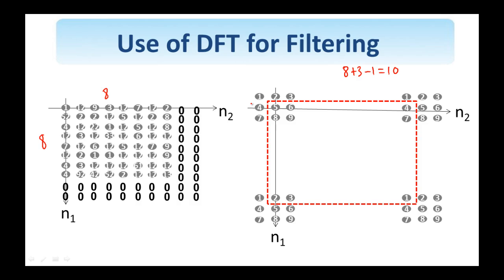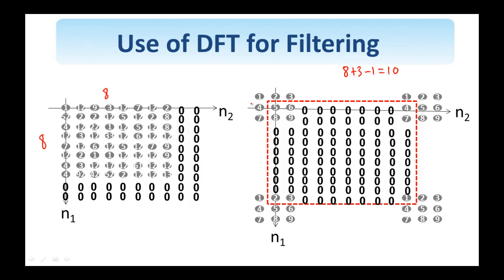So what's in this red dotted rectangle is a 10 by 10 image. I will pad it with zeros. So now I have two 10 by 10 images in the spatial domain. I'll take their corresponding DFTs. I'll bring them to the frequency domain, 10 by 10 DFTs. I'll multiply them, take the result of the multiplication, and bring it back to the spatial domain through an inverse DFT, and that will give me the linear convolution of the two signals I started with.